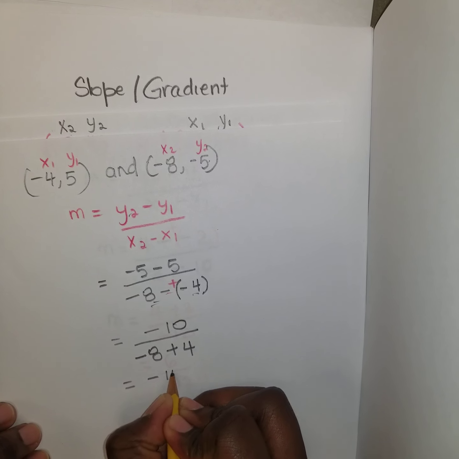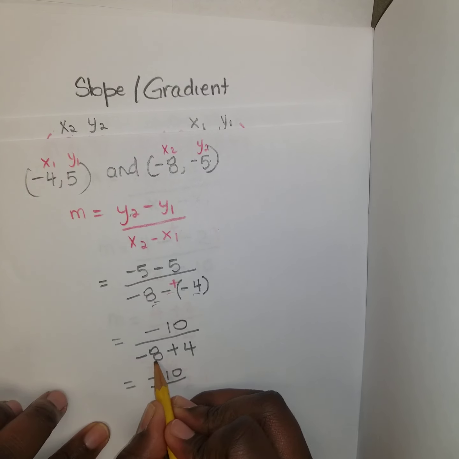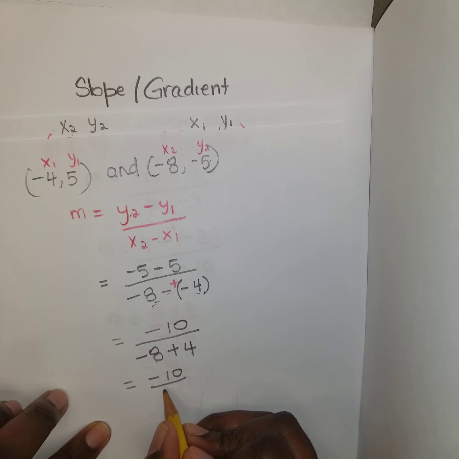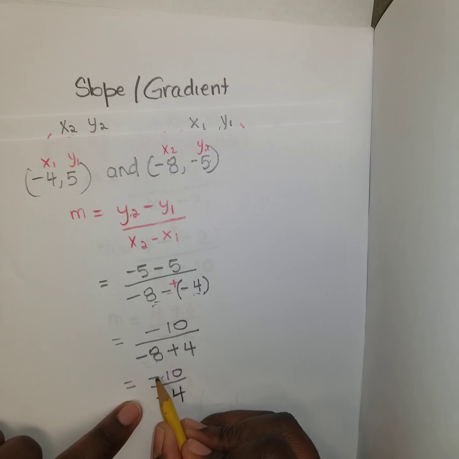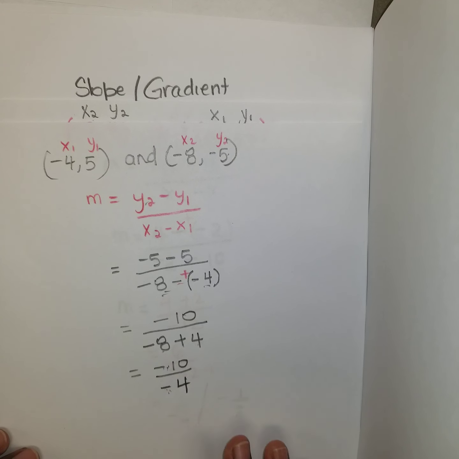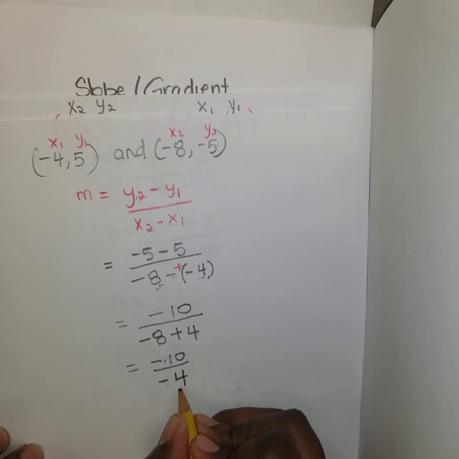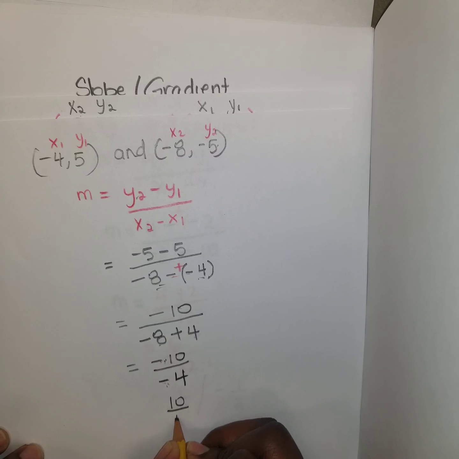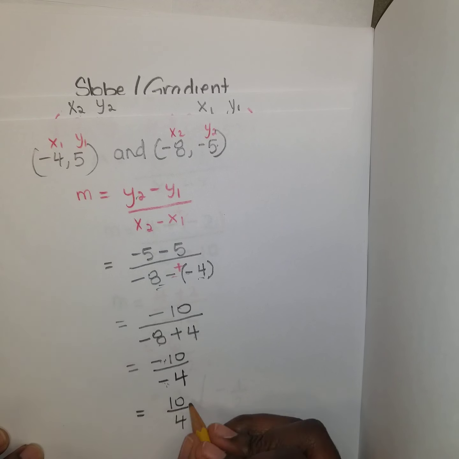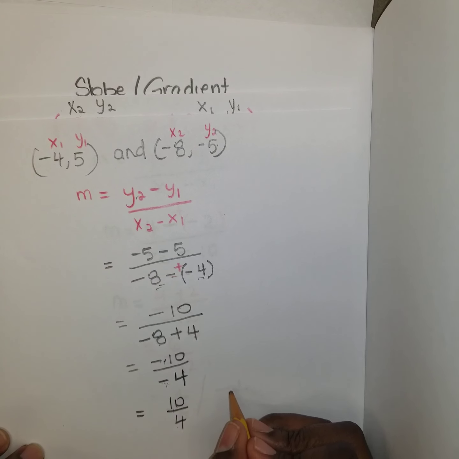So numerator negative 10 divided by negative 8 plus 4 is a negative 4. You can simplify these two again by saying a negative number divided by a negative number results in a positive number. It's going to be 10 over 4. If you want, you can reduce this or you can leave it as it is.